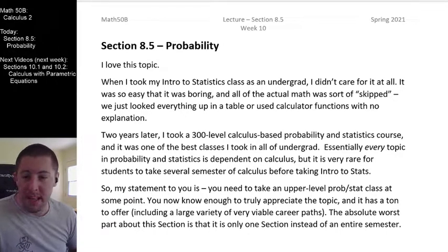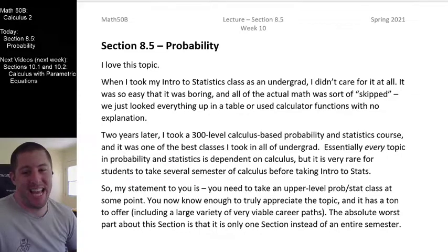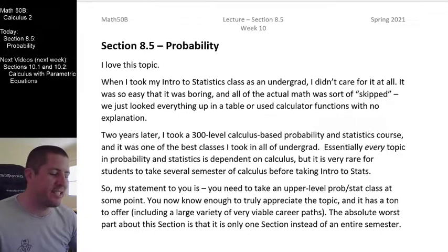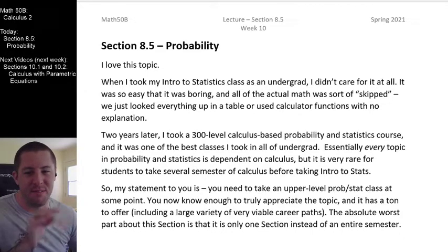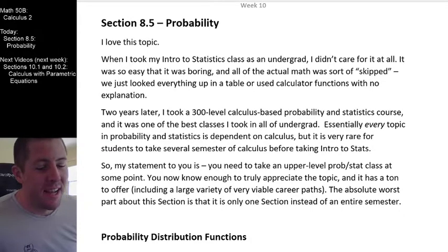People ask really good questions, and I can show you the math, but you can't do any of it. It happens all the time in that class. It's really hard to teach this class and stats at the same time because I want to do all of the Calc 2 stuff in there and you just can't. So let's go ahead and do it.